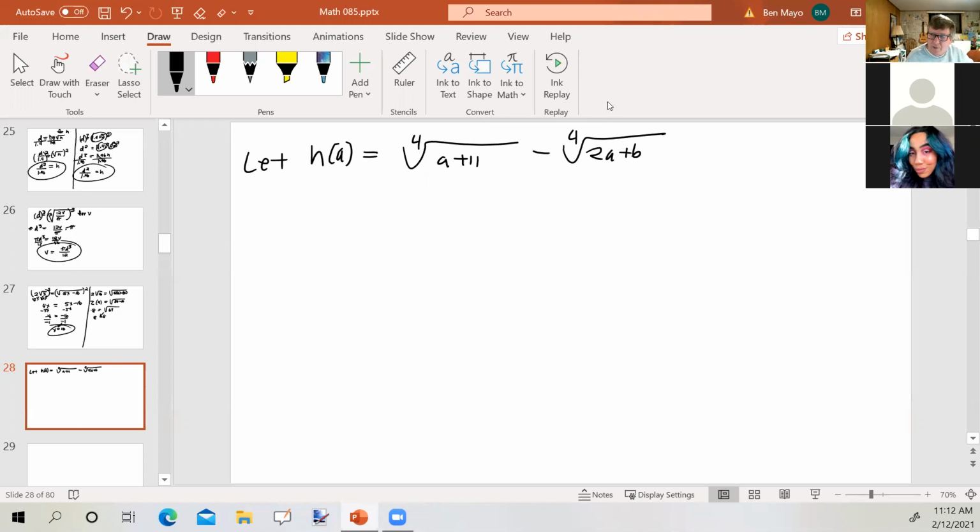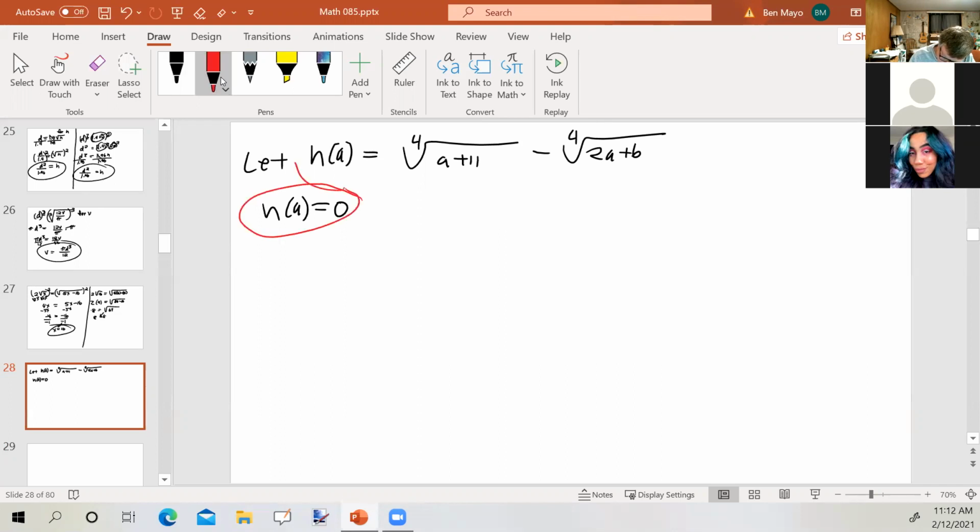Find all values of a for which h of a equals 0. Now, at first, this thing may look awfully complicated, but let's break it down here.